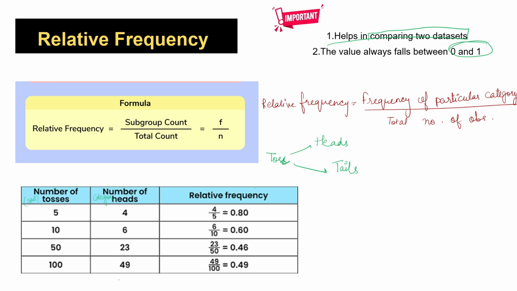For this, the frequency of the particular category is 4 here, total is 5, so this would be 0.80. Now here the particular category frequency is 6, total is 10, so 0.60. 23 is the particular frequency, 50 is total, 0.46, and similarly 49 upon 100 is equal to 0.49. This is how you calculate the relative frequency.